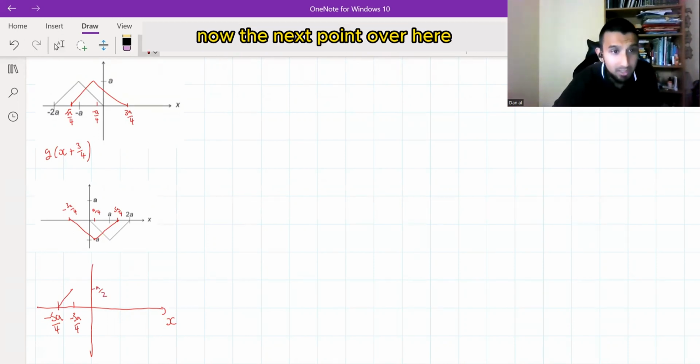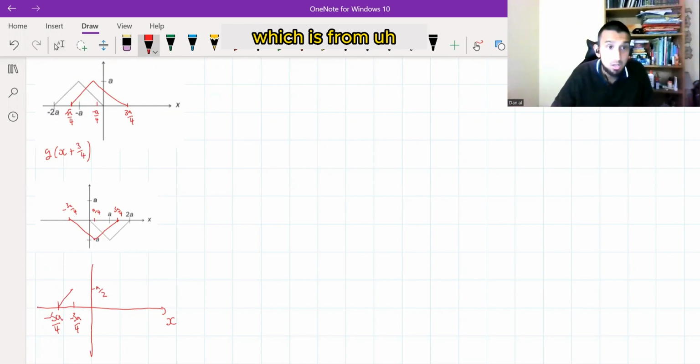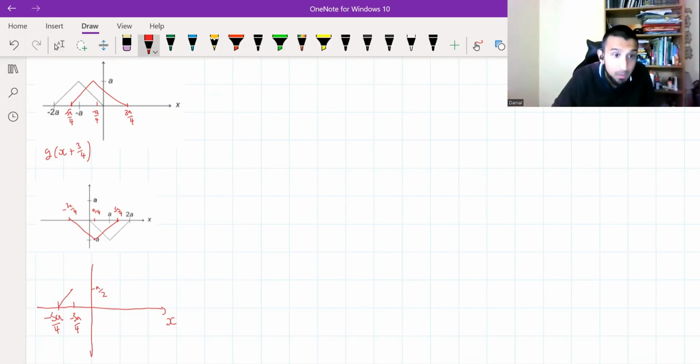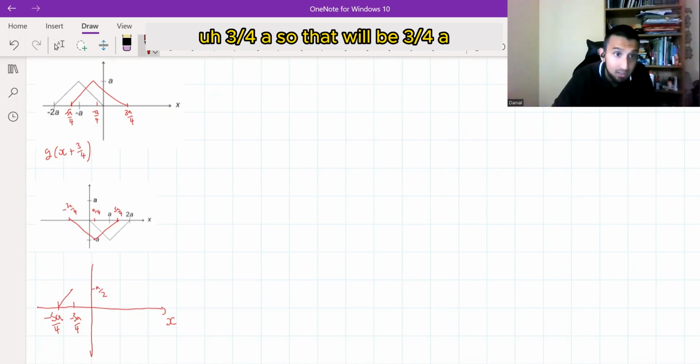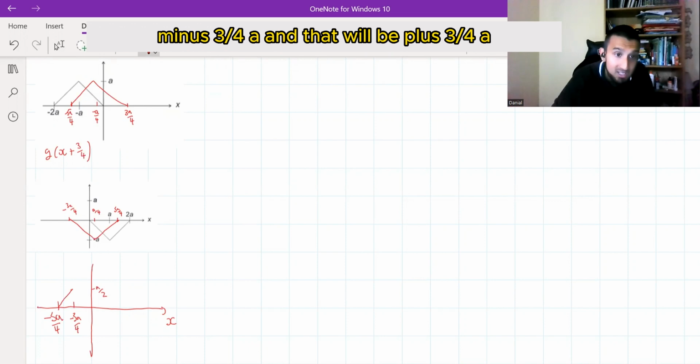Now, the next point over here, which is from minus 3a over 4, we drop down 3 quarters a. So that would be 3 quarters a minus 3 quarters a, and that will be plus 3 quarters a.